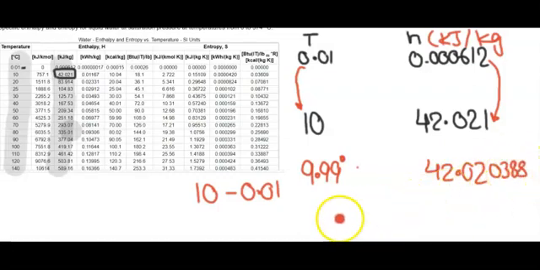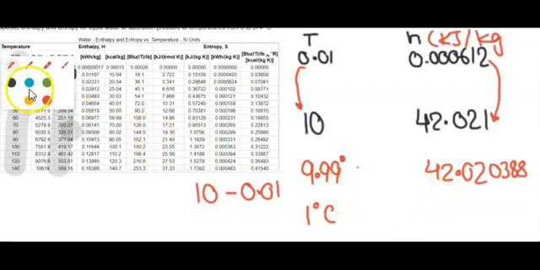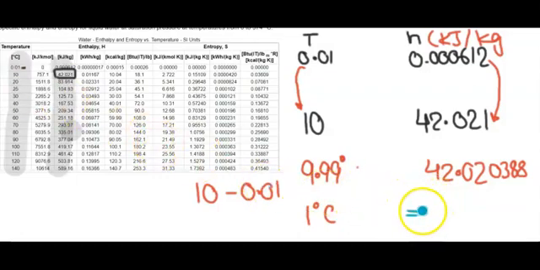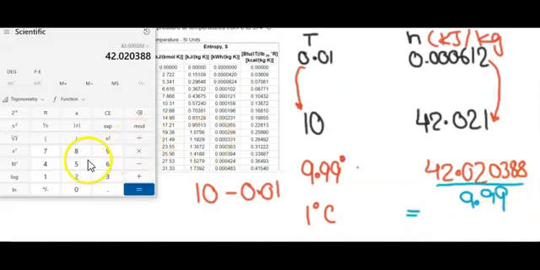0388 for 9.99 degree, which means for 1 degree, how much will be the increase? I divide both sides by 9.99. So whatever answer I got, divide by 9.99.